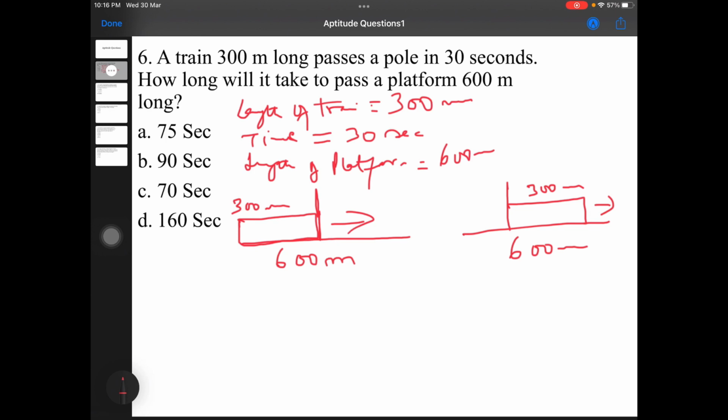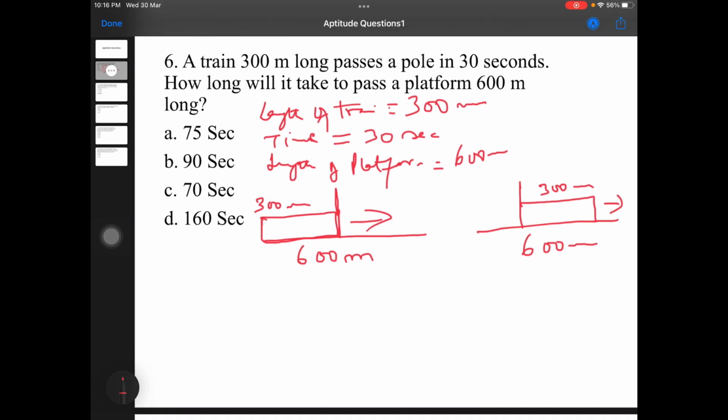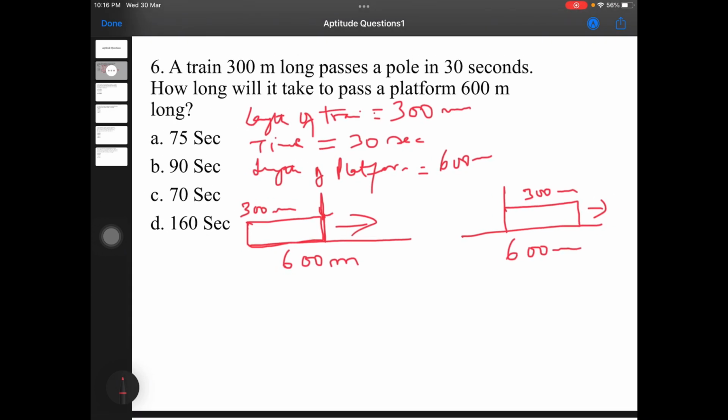So in the first scenario, the front part of the train just reached this pole. This is the front part and this is the rear part, or the back side, of the train. The front part of the train just reached the pole, so we can take it as zero distance traveled by the train.